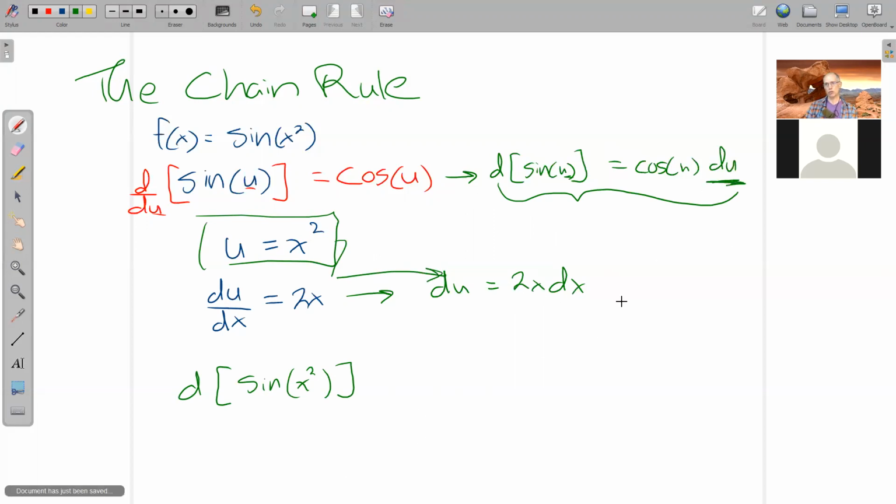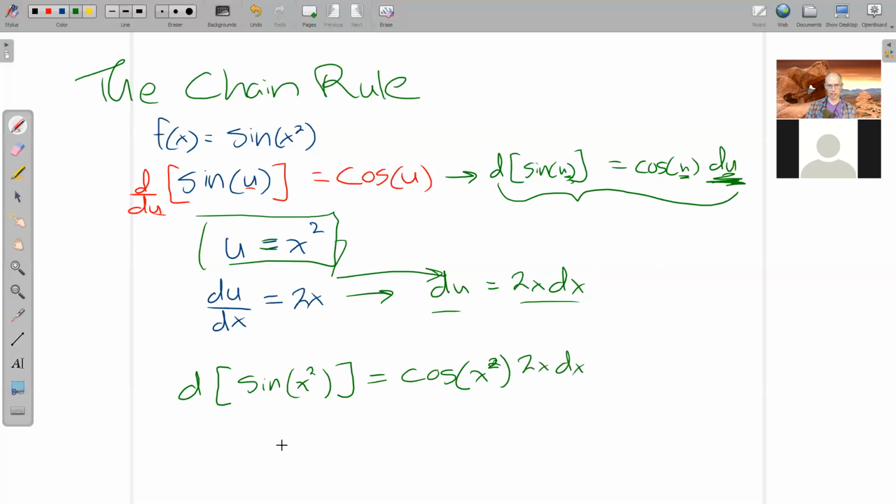So this du outside here, on the other side, I'm getting ahead of myself, I've got to write my equals, I've got my cosine. Instead of a u, like here, my u is an x squared because I made this statement up above. And then instead of the du, I now have this other substitution that says du is really 2x dx.